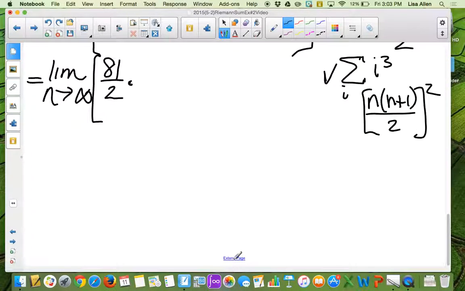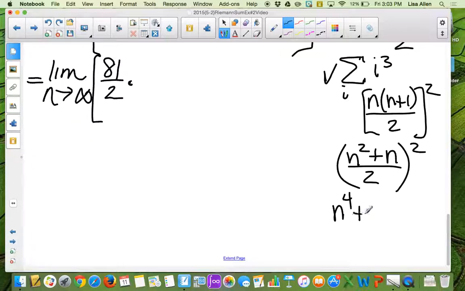So if I have n squared plus n over 2, and I square that, n squared plus n, I get n to the 4th plus 2n cubed plus n squared. That would be then over 4.